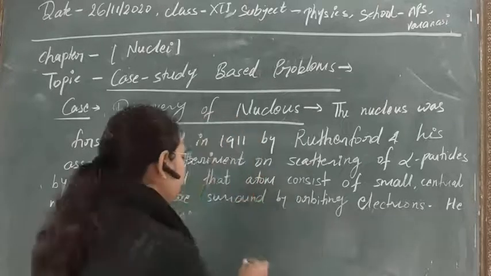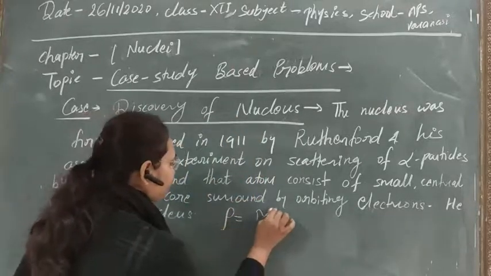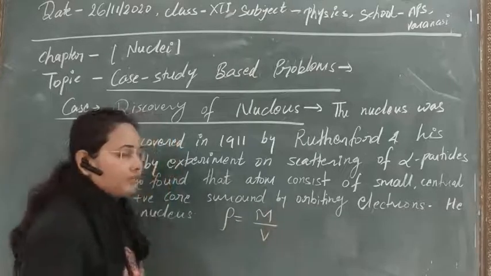As you know, density is given by mass per volume.